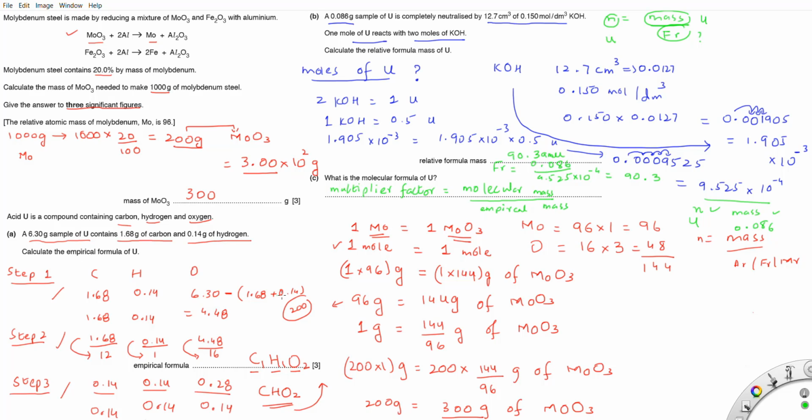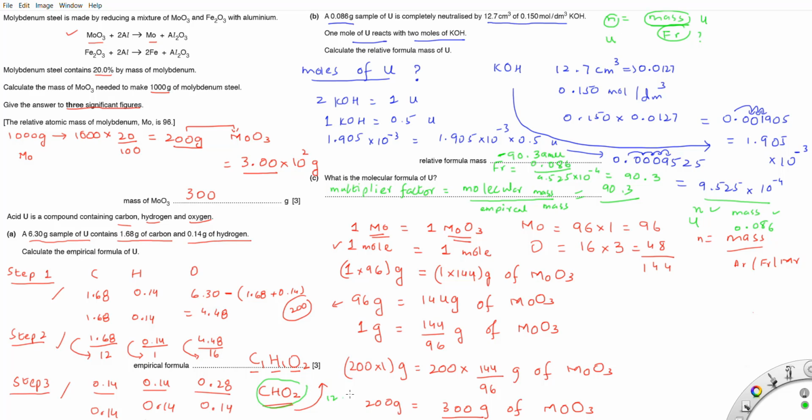I just calculated the empirical formula in the previous part, that was CHO2, and I now have my molecular mass or relative formula mass. So molecular mass is 90.3, and empirical mass can be calculated from the empirical formula.